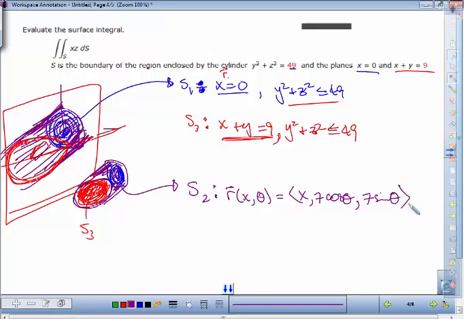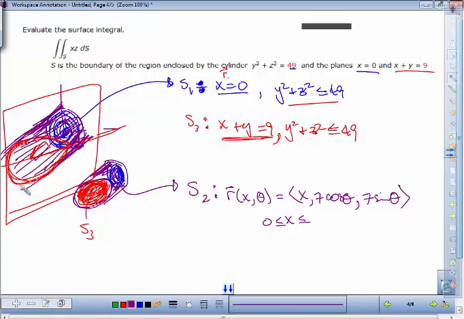So we're going to have a restriction on the x, because otherwise x is going to go from 0 to something. So our x value is going to go from 0, and then it goes up to and stops somewhere.